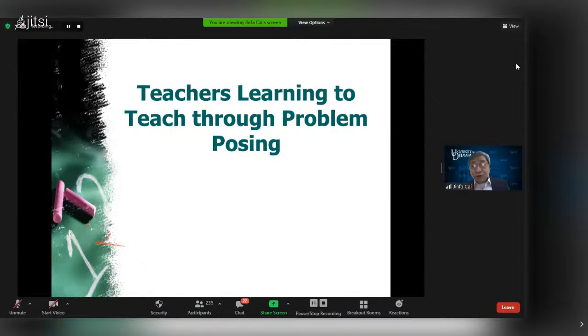The research project I'm going to share with you is based on this idea. Teachers are very busy already, so we could develop a few easy to use, easy to follow strategies for teachers to convert existing problem solving activities into problem posing activities, so that teachers could teach mathematics through problem posing.